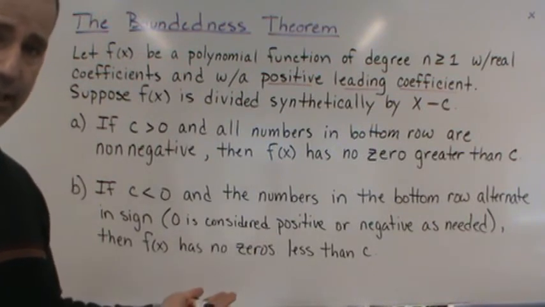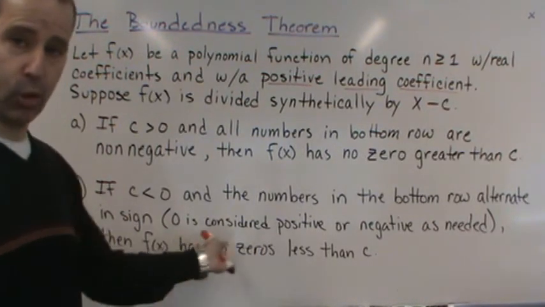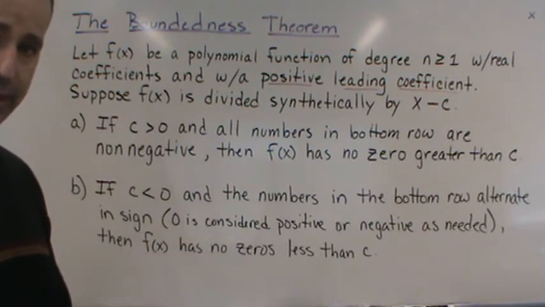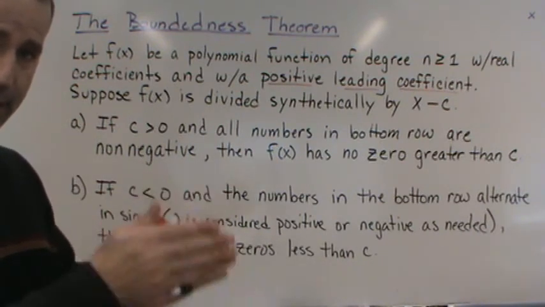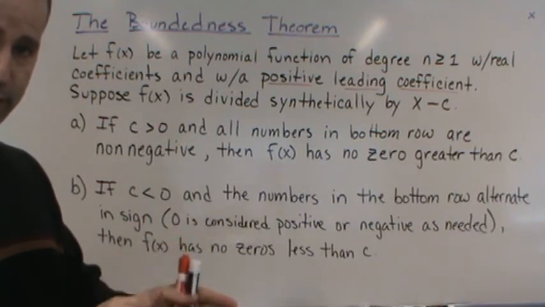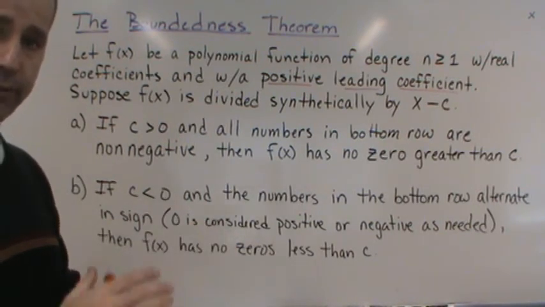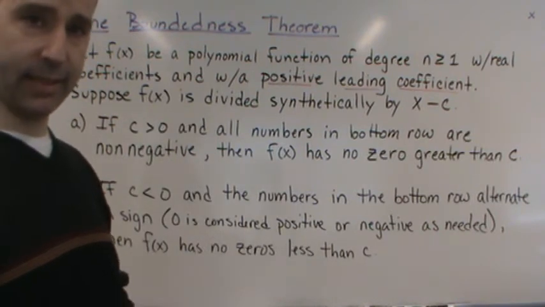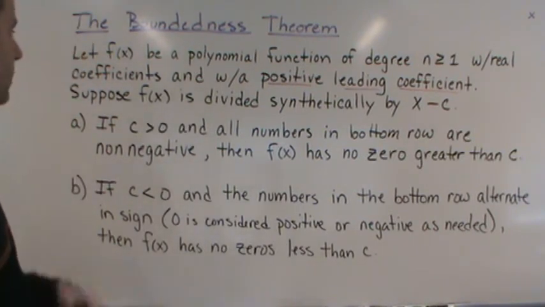If c is negative and the bottom row of our synthetic division is alternating in sign, and again, 0 can be positive or negative as needed, then there are no zeros that are less than c. And that is the boundedness theorem.